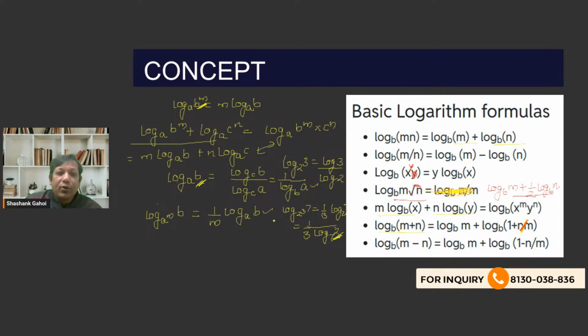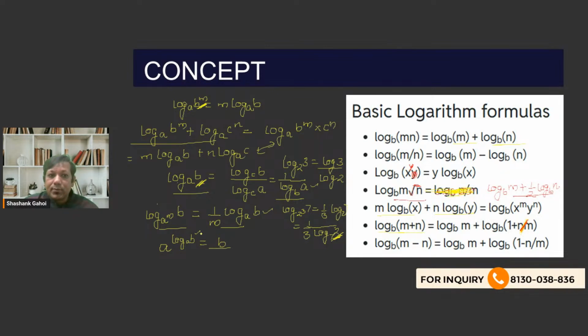So this is the formula, and the second one is this formula. If I'm saying a to the power log a b, that is equal to b only. Directly we are going to get that.